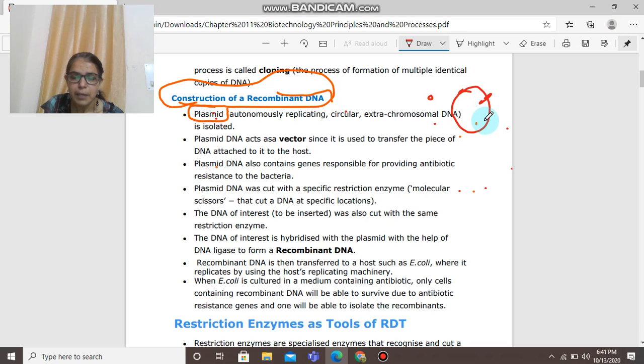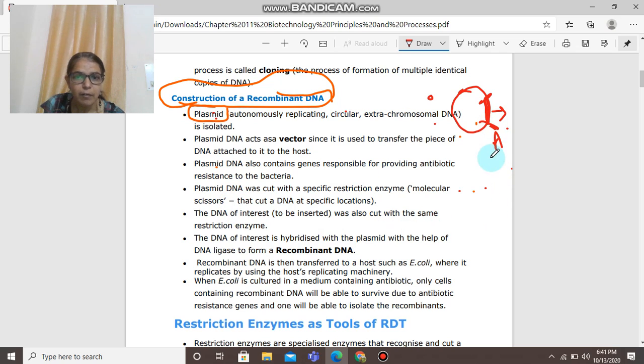Because in this plasmid DNA we had introduced a piece of DNA. For example, this is the piece of DNA that we had introduced. This is the gene of interest. Now when this plasmid multiplies, at the same time this gene will also multiply. Suppose I am labeling it as A.